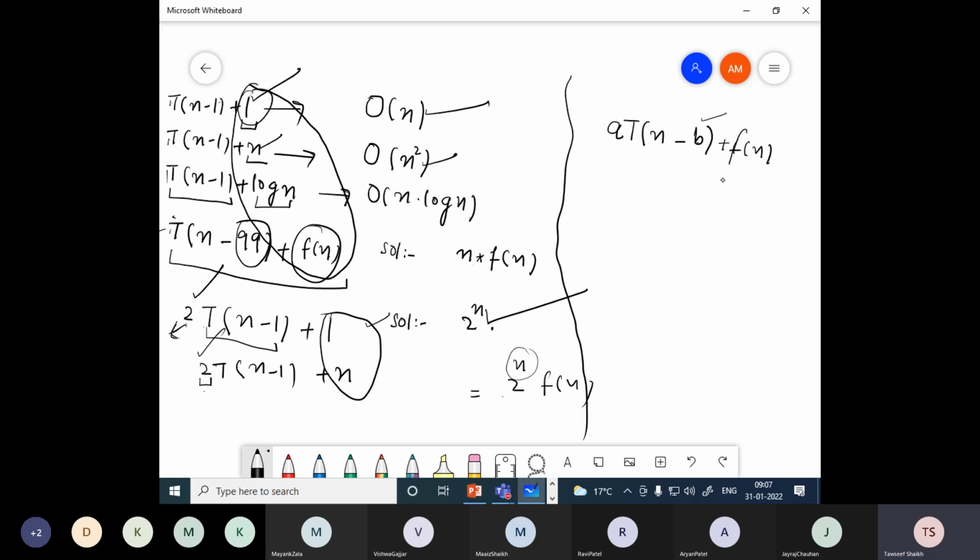This f of n is sometimes 1, sometimes it is n, sometimes it is log n. And these a and b terms are what is present inside these recurrences.